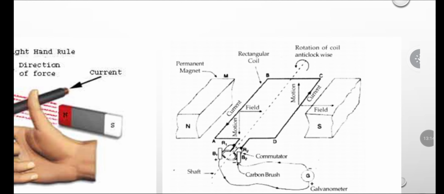There is a rectangular coil, and here the shaft rotates in the anti-clockwise direction, and after that slip rings and brushes, which are relevant to connect the galvanometer. I'm talking about carbon brushes, and the commutator is there. So this is how we close the circuit and get the induced current as well as the induced EMF across this armature.